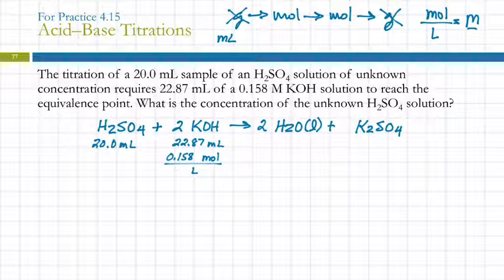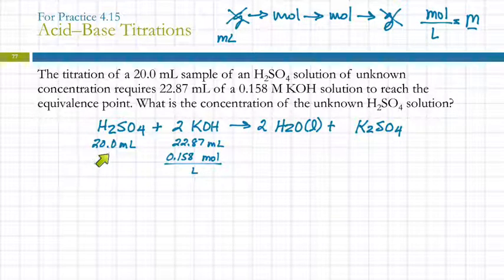So I'm really doing milliliters to moles to moles. My debate is, do we convert to liters or do we use millimoles? Strong opinion, anyone? Liters? Okay, we'll do this one with liters.